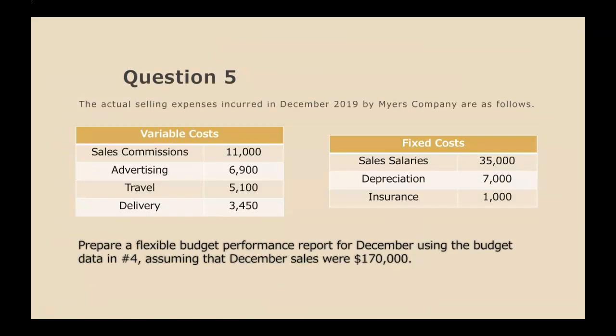Now, the actual selling expenses incurred in December 2019 by Myers Company are as follows. So we just prepared a flexible budget. What we now need to do is prepare a flexible budget performance report for December using the budget data that we just worked on, assuming that December sales were 170,000.